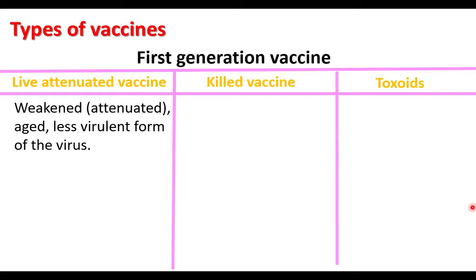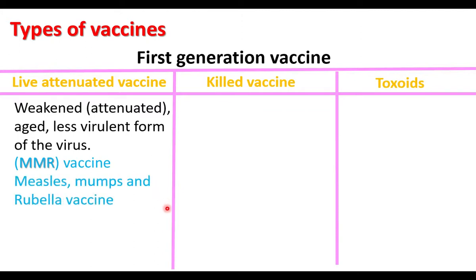Here the microorganisms are not killed, but they are weakened by a specific culture method, or aged cultures are used, or less virulent forms of viruses are used. Here the example is the MMR vaccine, measles, mumps and rubella vaccine. Another example is the varicella vaccine. It provides protection against chickenpox.